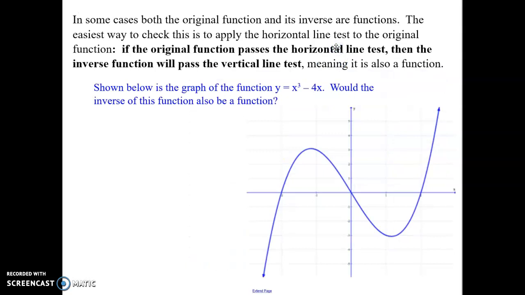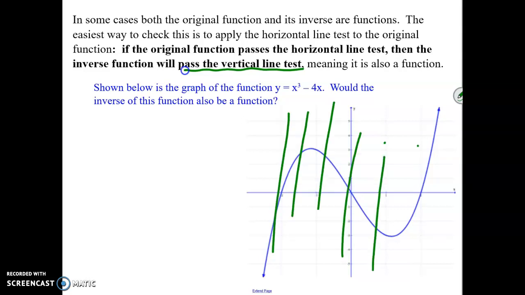Alright, the final thing we have to look at is if our graphs are functions. So sometimes when you create an inverse graph, it is no longer a function. Remember, for something to be a function, it has to pass the vertical line test. So if we look at the graph here that's on the board, to pass the vertical line test, that means anytime you draw a vertical line, it only hits the graph in one spot.